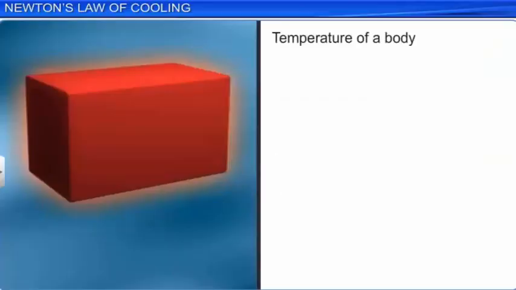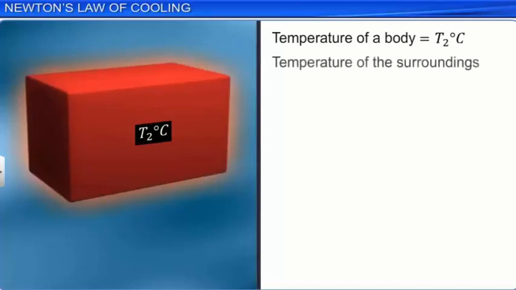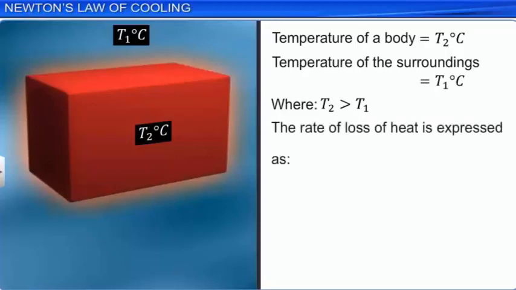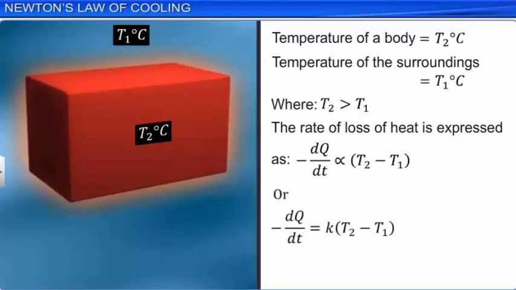If a body is at a temperature T2 degrees Celsius and its surroundings are at a temperature of T1 degrees Celsius, where T2 is greater than T1, then the rate of loss of heat is expressed as: minus dQ by dt is proportional to T2 minus T1, or minus dQ by dt is equal to K into (T2 minus T1).